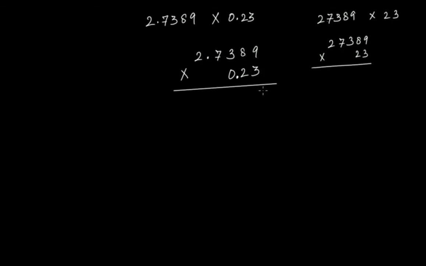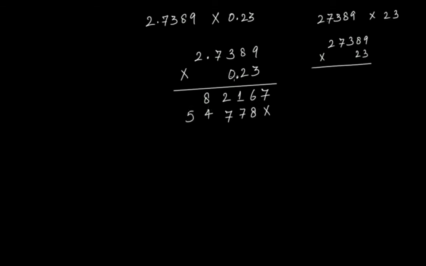3 times 9 is 27. 2 got carried over here. 3 times 8 is 24 plus 2 is 26. 2 got carried over here. 3 times 3 is 9 plus 2 is 11. 1 got carried over here. 3 times 7 is 21, then 22. 2 got carried over here. 2 times 9 is 18. 1 carried over here. 2 times 8 is 16 plus 1 is 17. 2 times 3 is 6 plus 1 is 7. 2 times 7 is 14, and 1 got carried over here, 2 times 2 is 4 and 5.